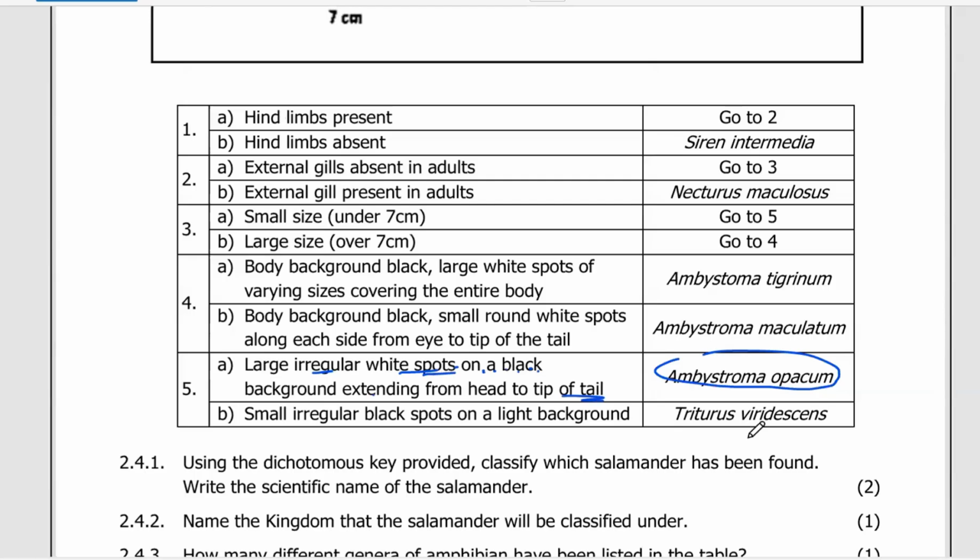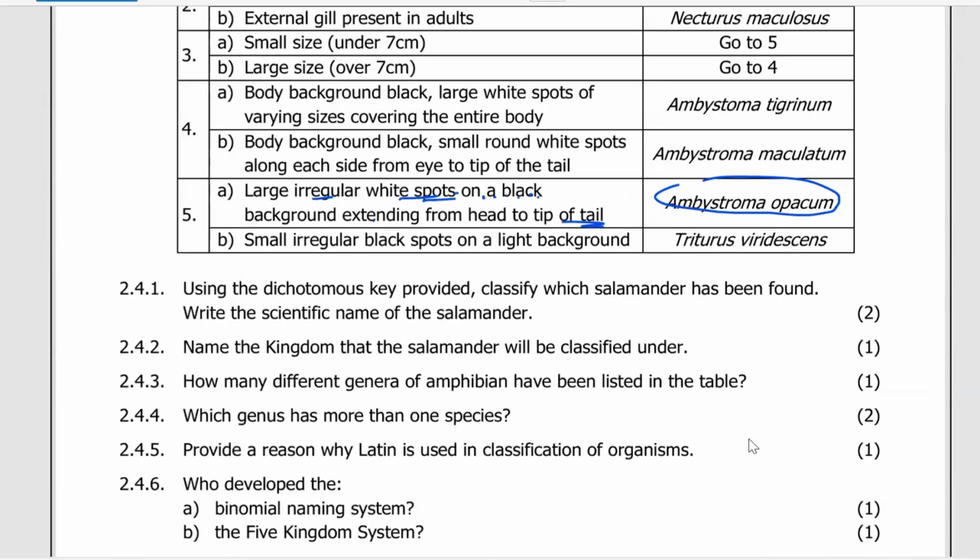So here the key point is that the genus name is supposed to start with a capital letter, and then the second name, which is the species name, is a small letter, and then you underline. That's how you're supposed to write it.